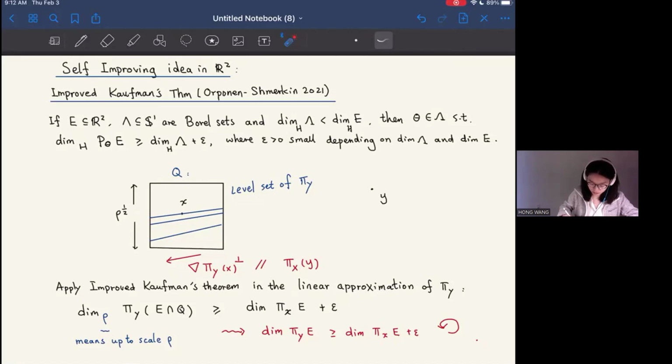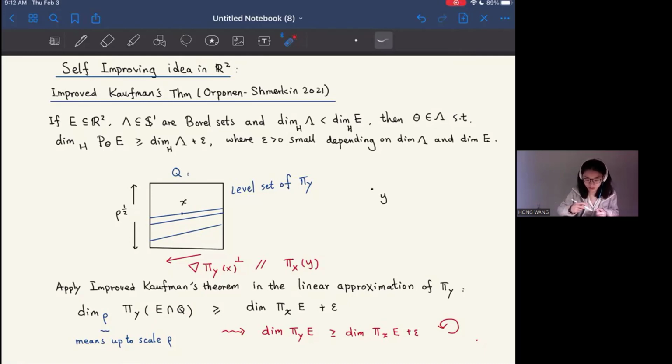Something I didn't say is that E intersect Q might not look like a set of the same dimension as E. So that's where, when E has about the same packing dimension and Hausdorff dimension, we can morally think that E intersect Q has the same size as E, and so this iteration will work better.